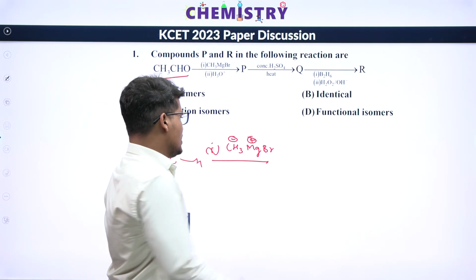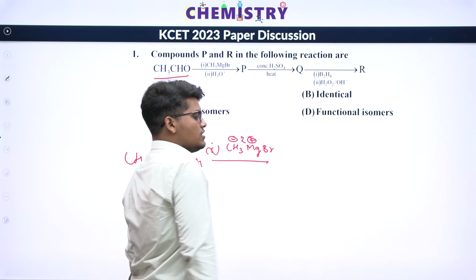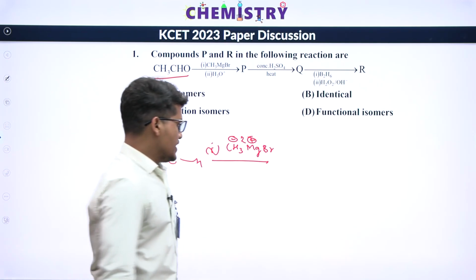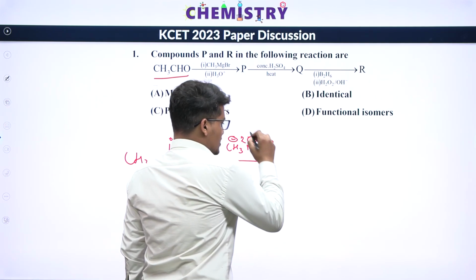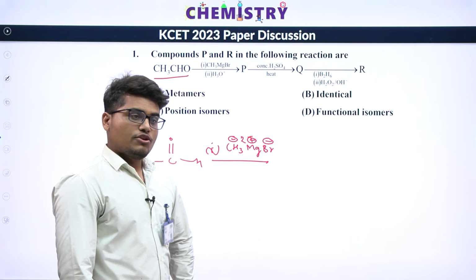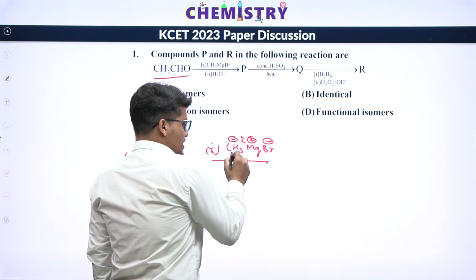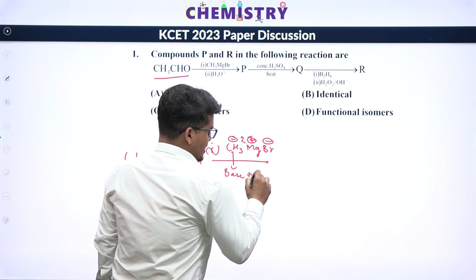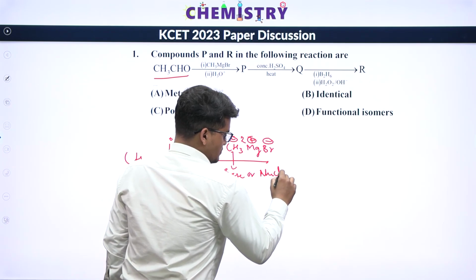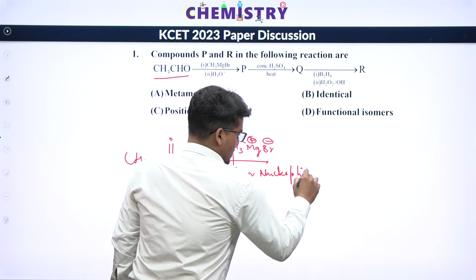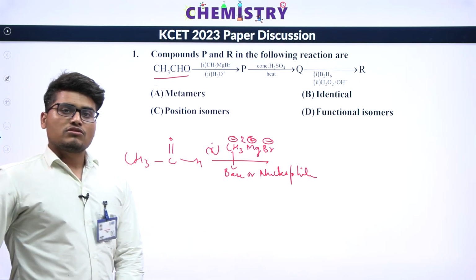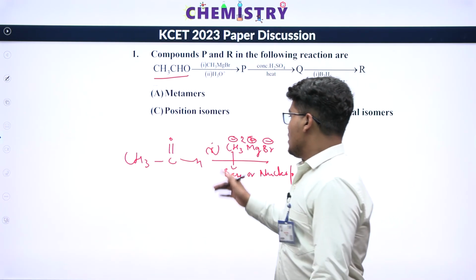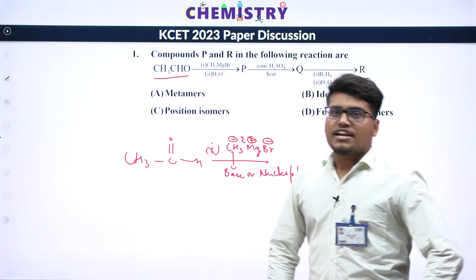There will be a 2 plus on magnesium because magnesium belongs to the second group, and bromine again has a negative charge. The CH3 negative can act as a base or as a nucleophile, but depending on the substrate, the Grignard reagent can change its nature.